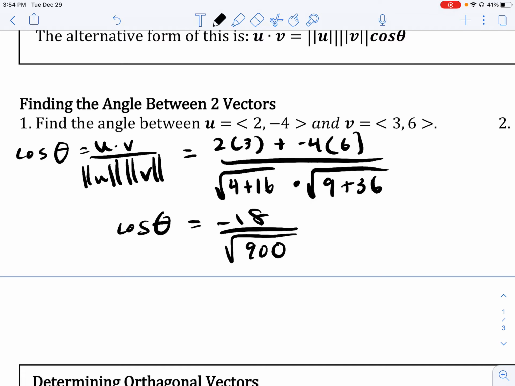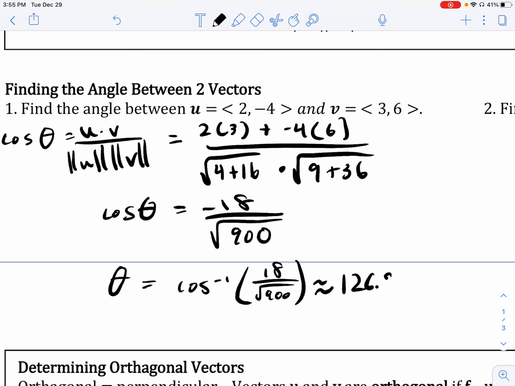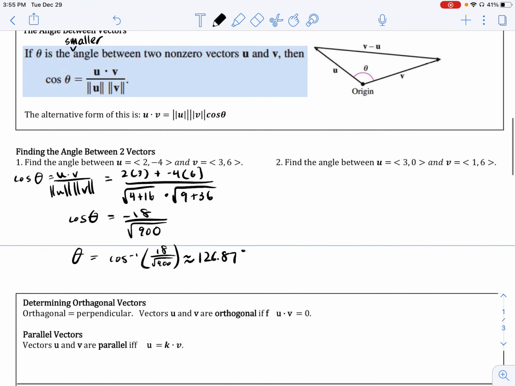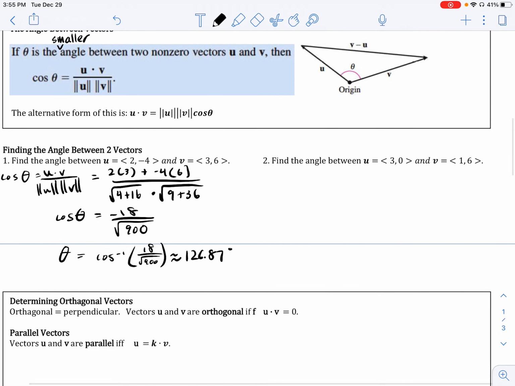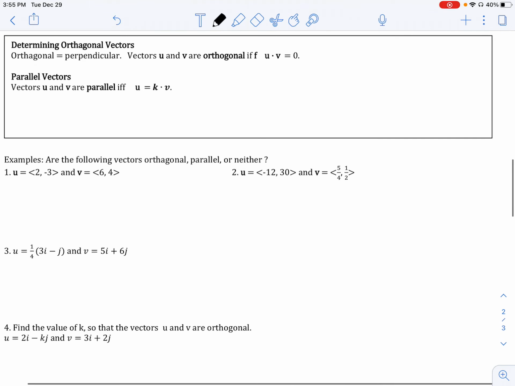Using inverse trig functions, theta is equal to the arc cosine of -18 over root 900, which is approximately 126.87 degrees. Okay, so try number 2 on your own. Pause the video and try number 2 and see if you're comfortable with the process of finding the angle between two vectors.